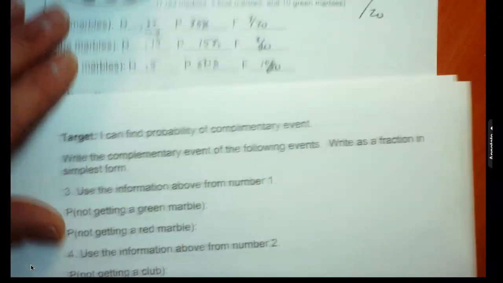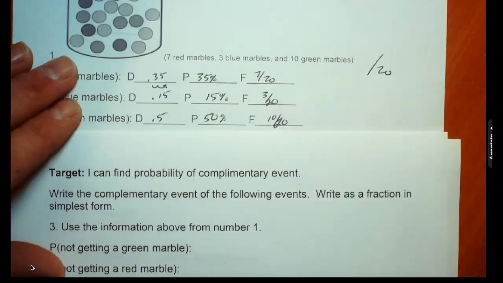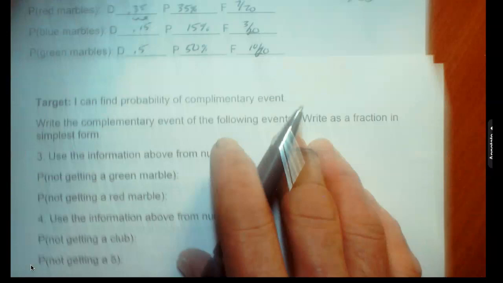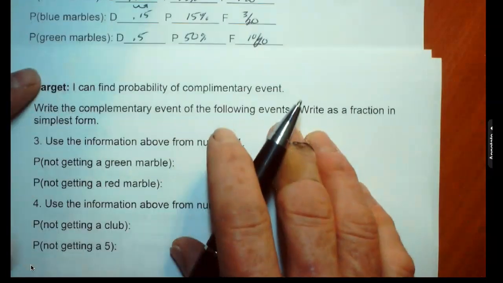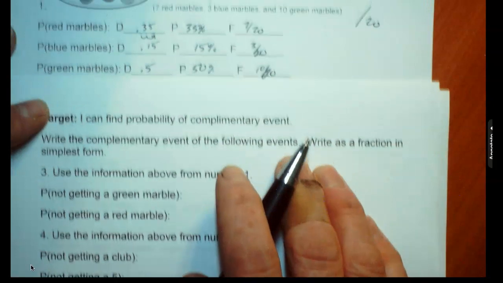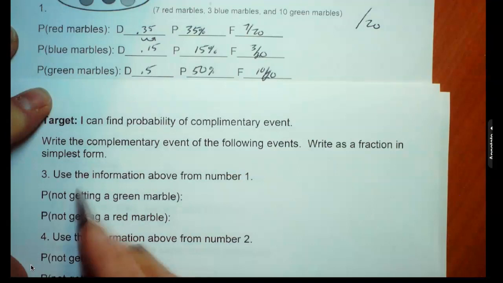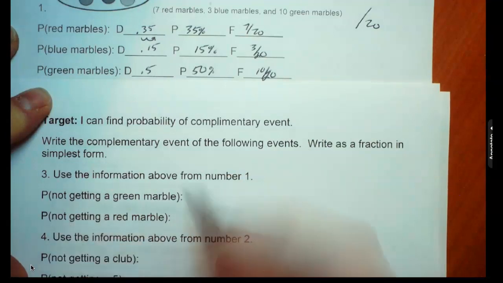Okay, write the probability of the complementary event. Use information from number 1. Probability of not getting a green.